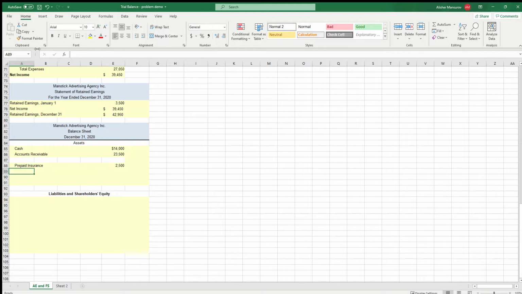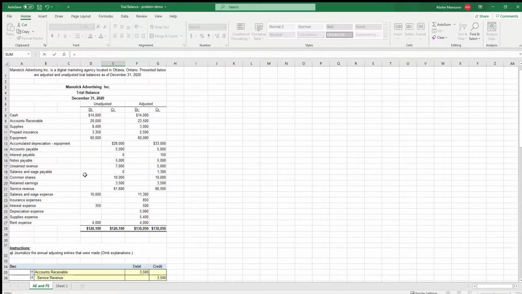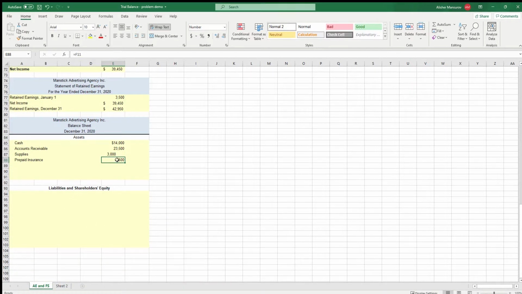Usually supplies are of higher liquidity, so let's put supplies. I mean, it depends on supplies, but normally supplies come before prepaid insurance. And the supplies balance was 10,000. Alright, so let's put it here.